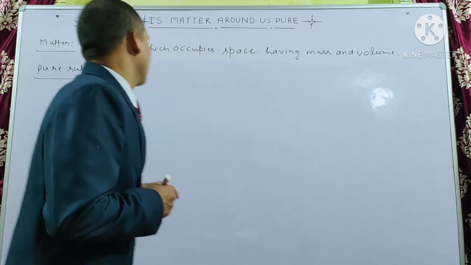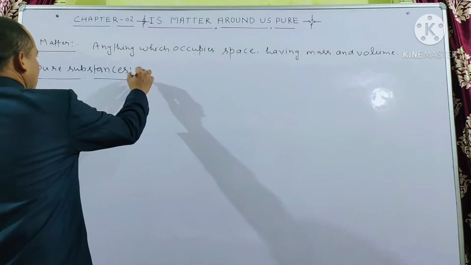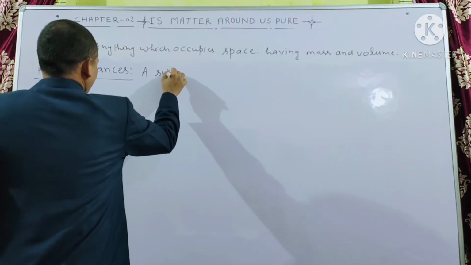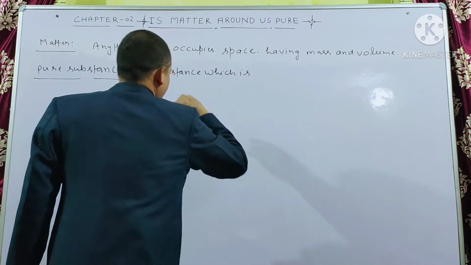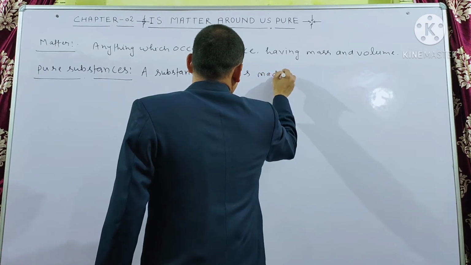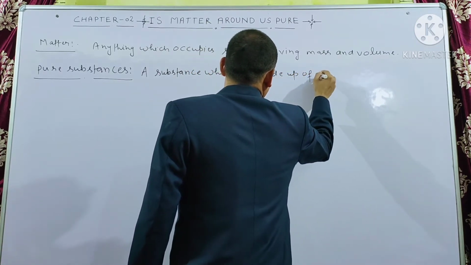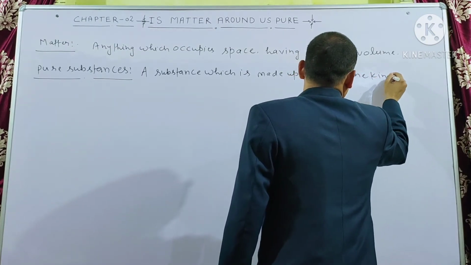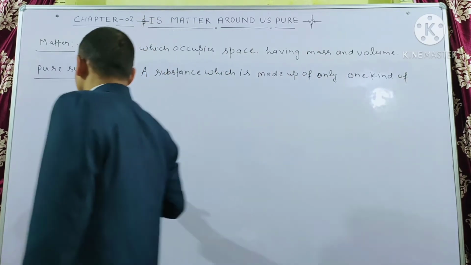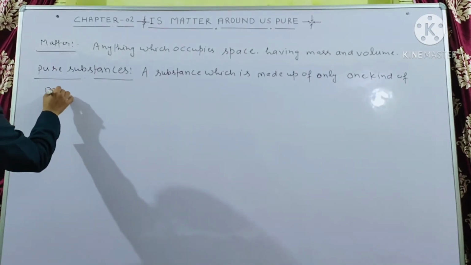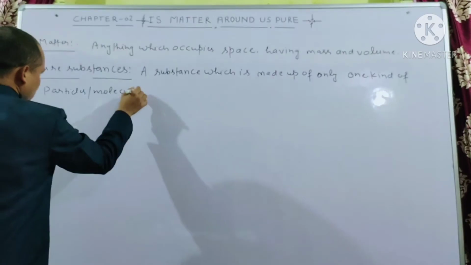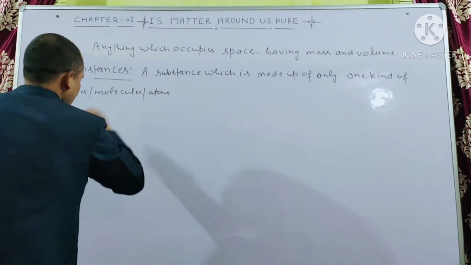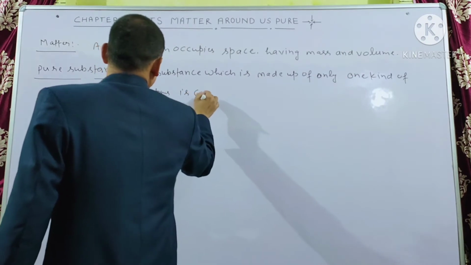So you can write the definition of pure substance: a substance which is made up of only one kind of particles, or molecules, even atoms and ions, is called a pure substance.